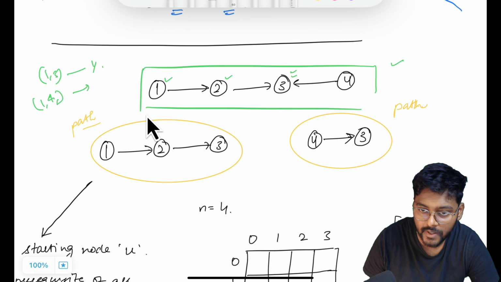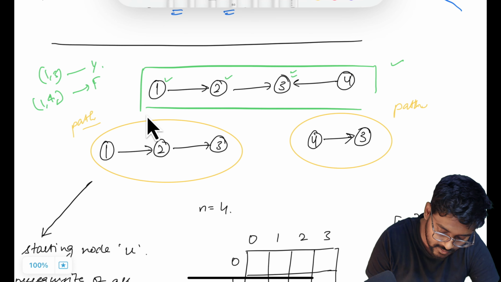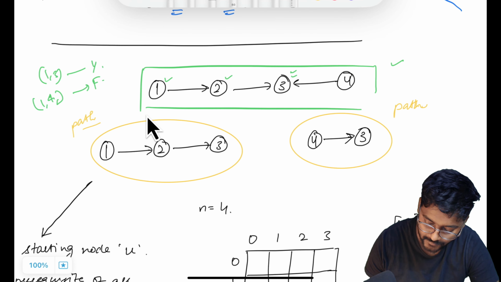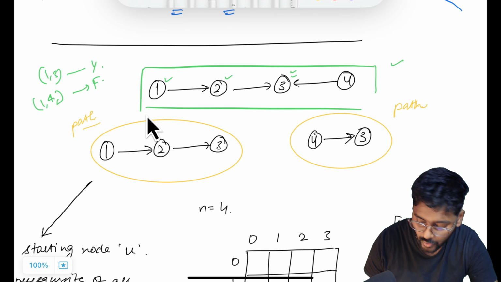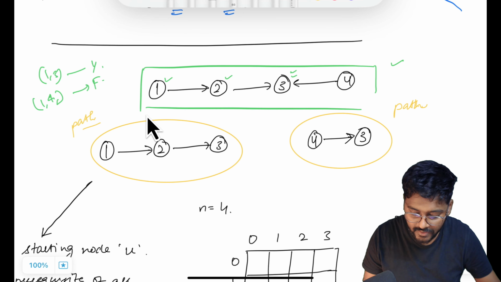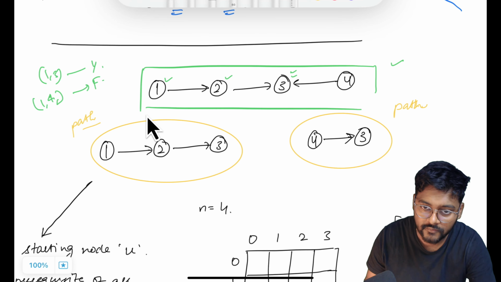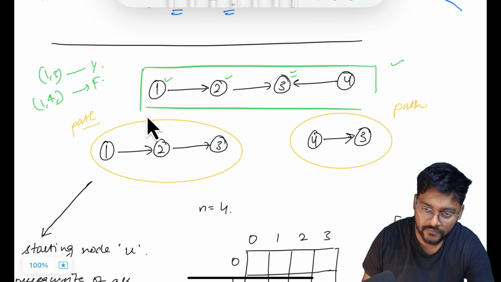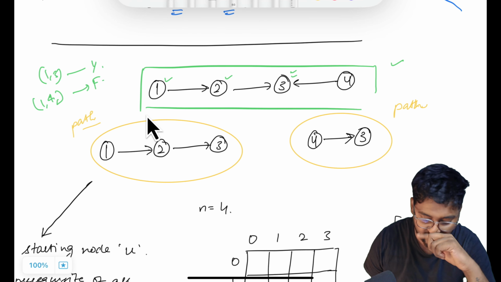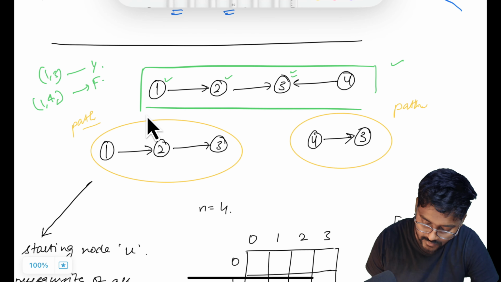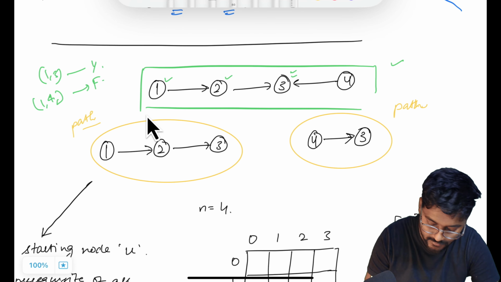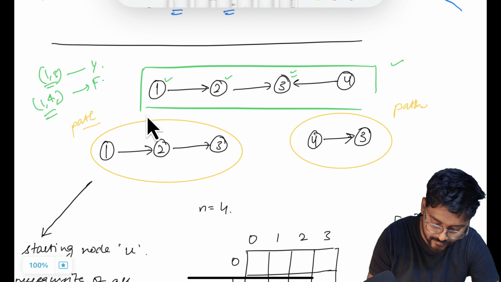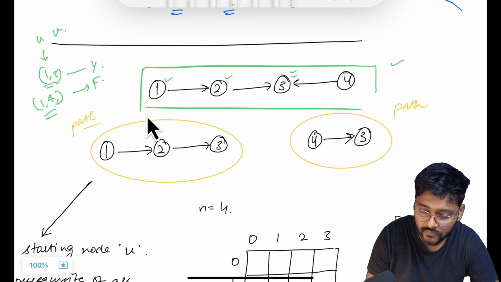From 1 there is no path to 4, so this is false. It means the idea is that if there is a path, drawn in such a way from prerequisite to dependencies, then we are able to find whether this query is yes or not. The query's first value is u and the second value is v: whether u is a prerequisite of v or not.